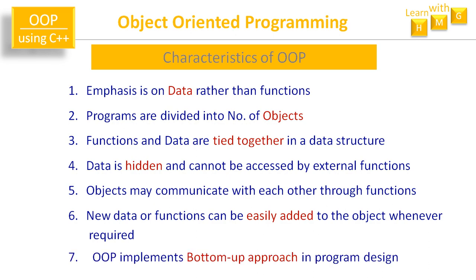OOP follows the bottom-up approach of program design. Bottom-up approach means what? First of all, the functions are implemented. The functions form small modules to perform the task, and these small modules are integrated together to form a big or higher level system. So that is the bottom-up approach.